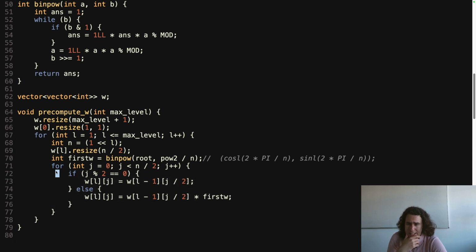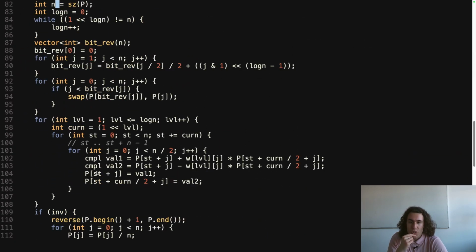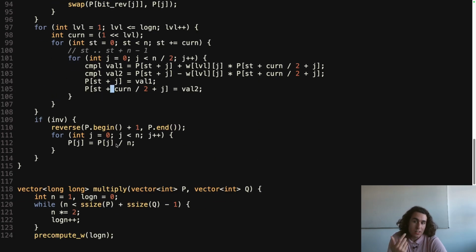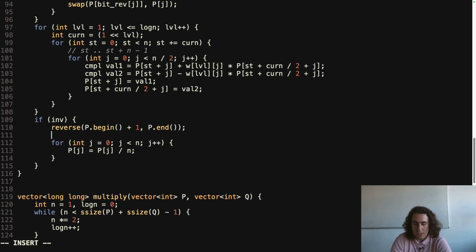And this all stays the same. There's nothing different here. Well, what happens here? I don't think anything happens here. Okay, the difference is here, right? We need to divide by n, but we need to divide modulo. So we'll have inverse n, which is n to the power of mod minus 2. And we're going to multiply here by this inverse n.